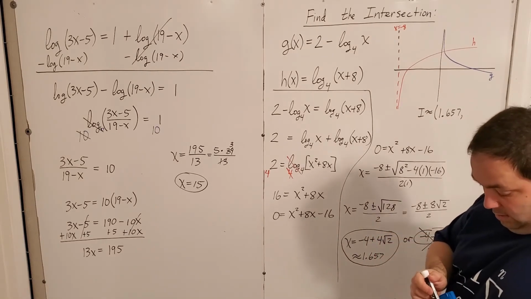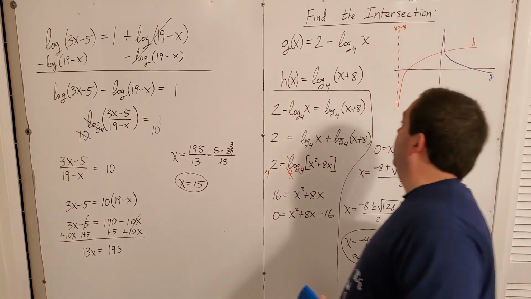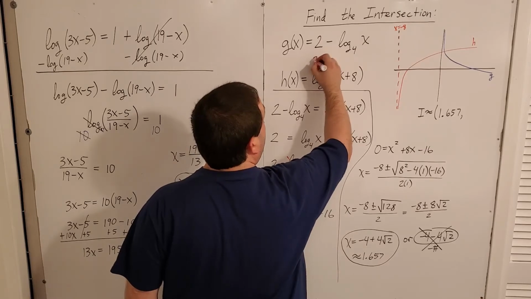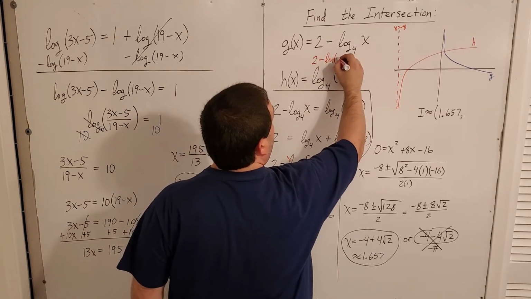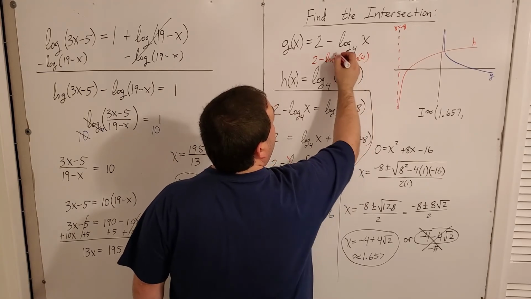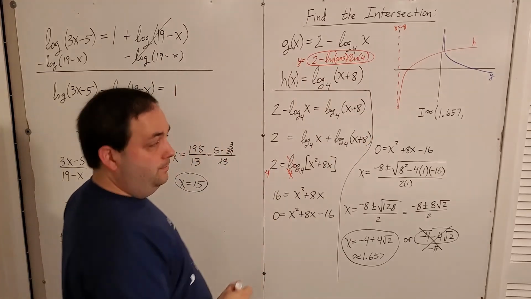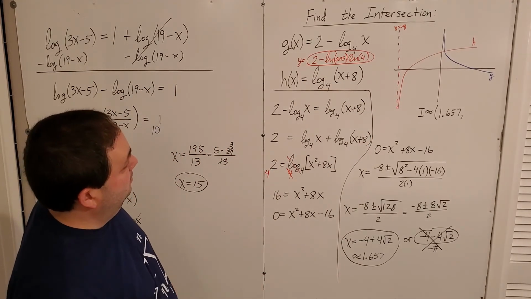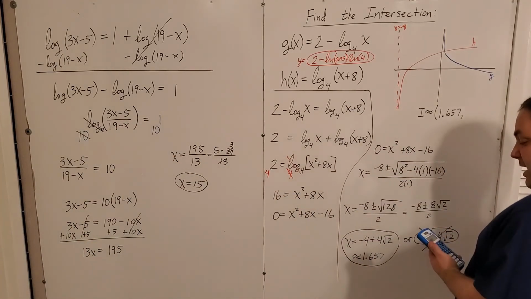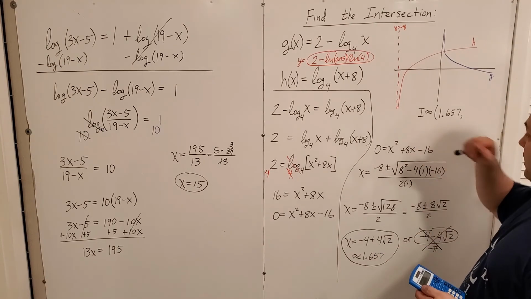So in my calculator, let me write out what I'm going to put in. I'm going to do 2 minus ln of previous answer divided by ln of 4. That's how I'm going to get my y value for the intersection. Okay? So here we go. Make sure the previous answer is in fact the correct answer for x.